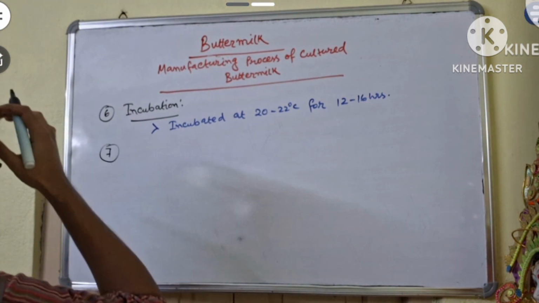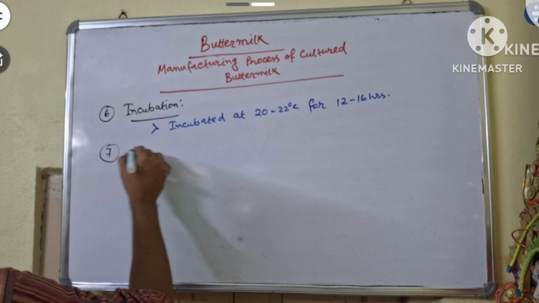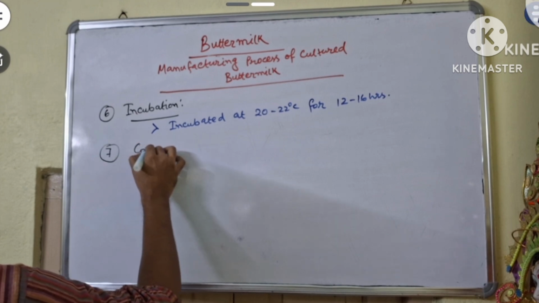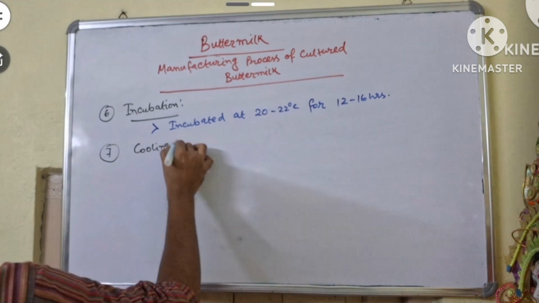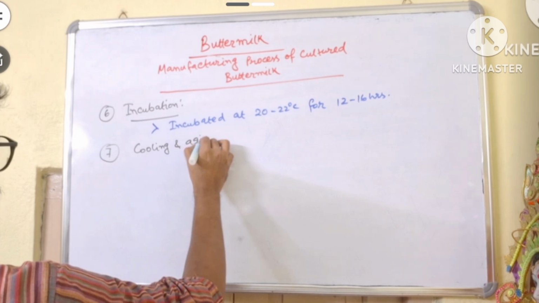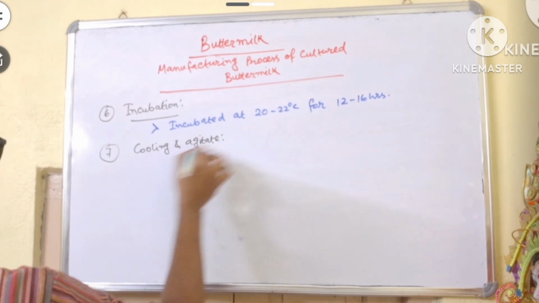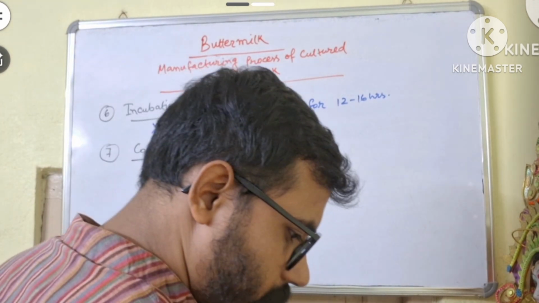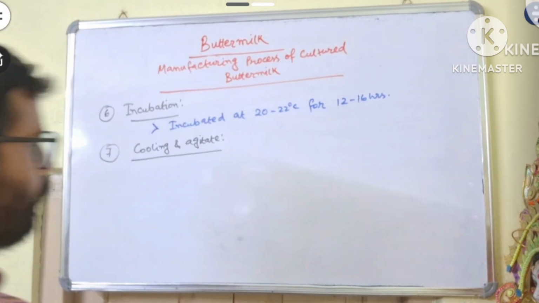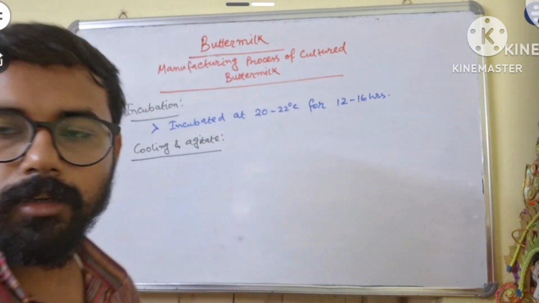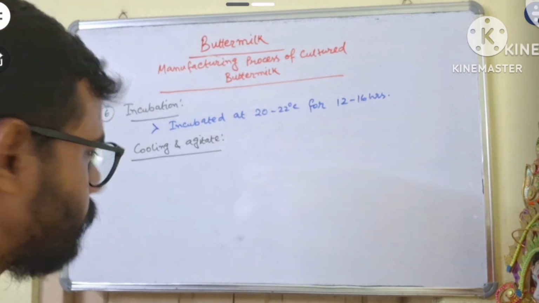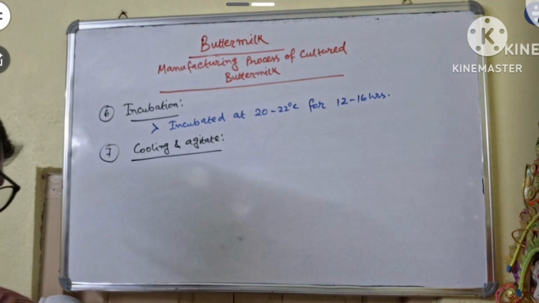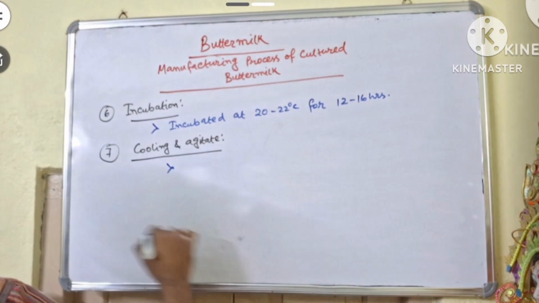Followed by after the fermentation, we need further cooling, that means refrigeration, and agitation. Agitate means to mix, because after fermentation all things are produced, so we need further mixing. That's why agitation is given.